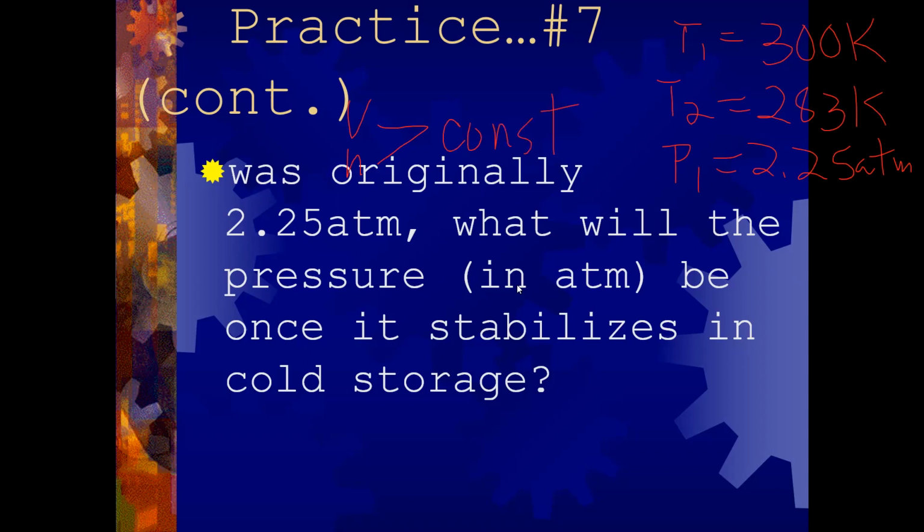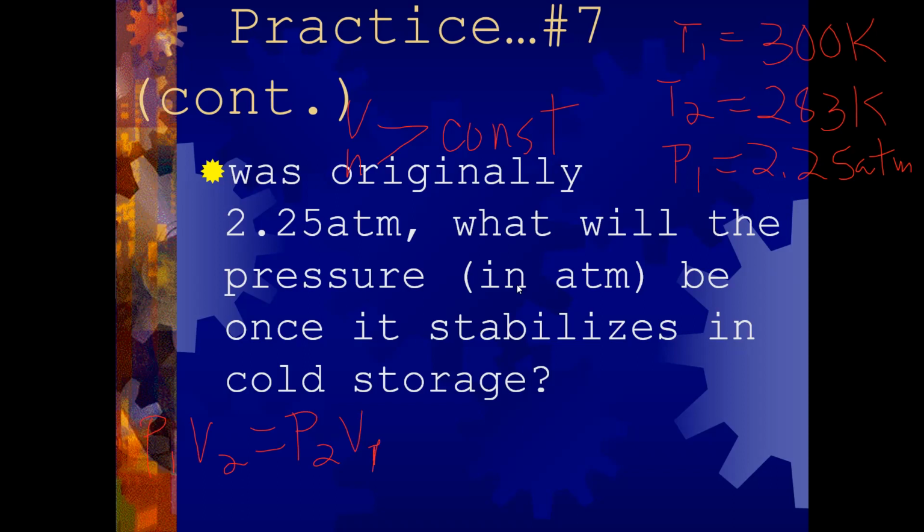So this is a Gay-Lussac question. Remember, this one is P1 over T1 is equal to P2 over T2. I said V1, I meant P1. In linear form, it's going to be P1 T2 equal to P2 T1.